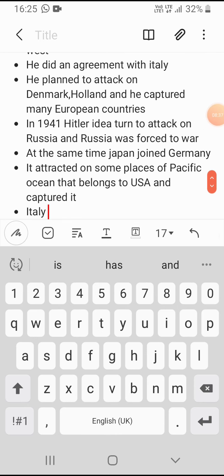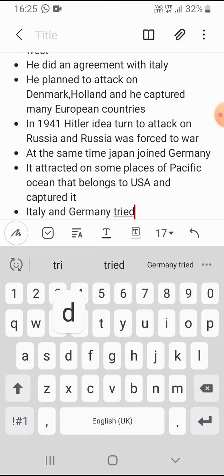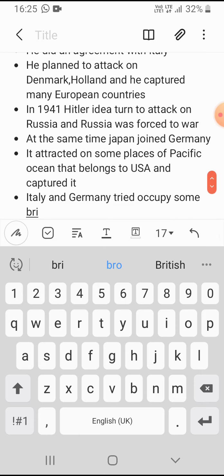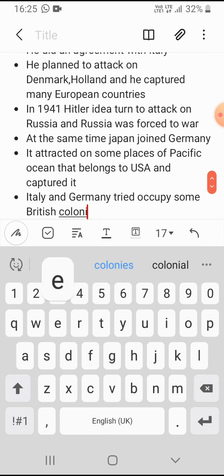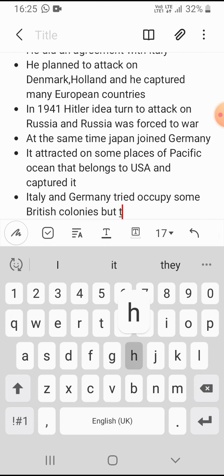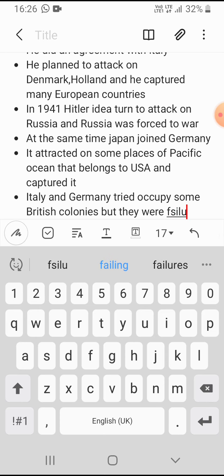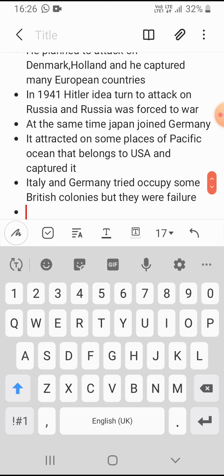Italy and Germany tried to occupy some British colonies but failed, and tried to occupy some places of the Suez Canal.